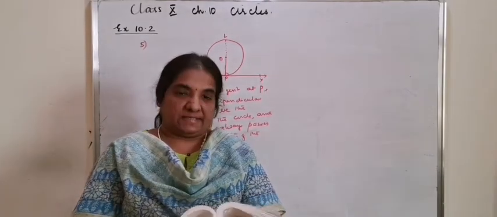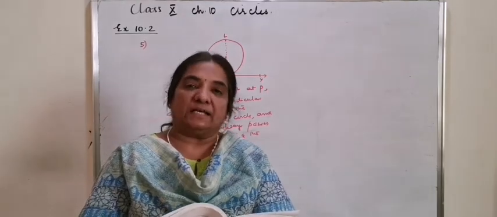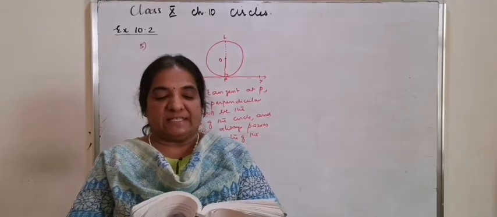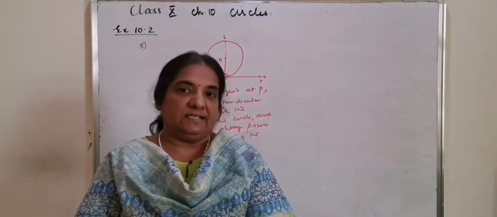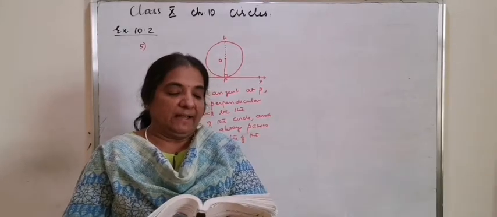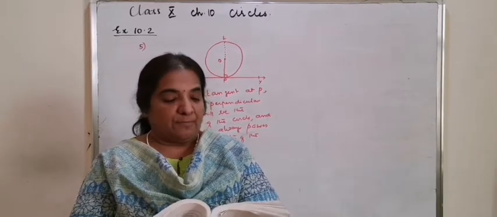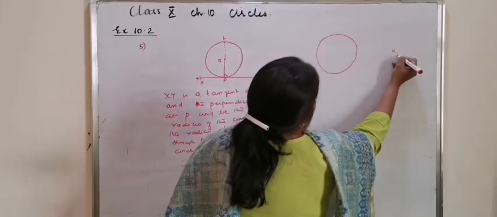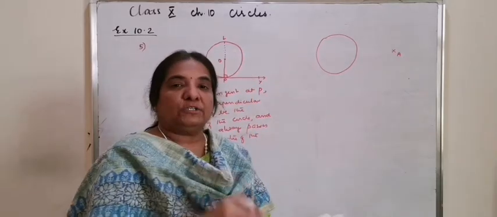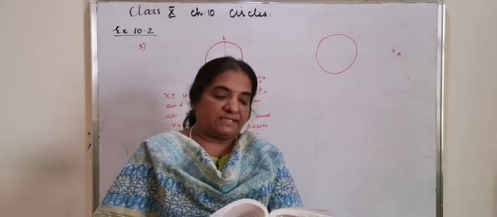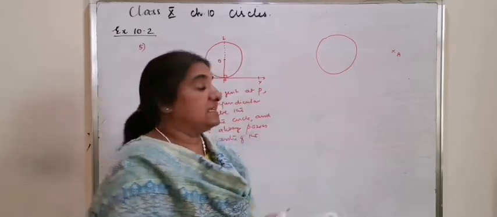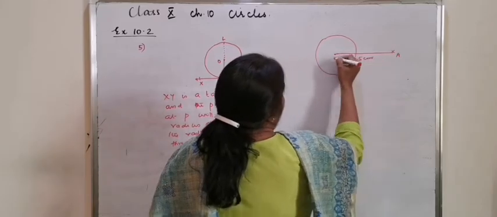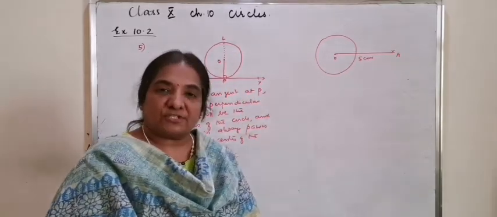Question number 6. The length of a tangent from a point A at a distance of 5 centimeters from the center of the circle is 4 centimeters.